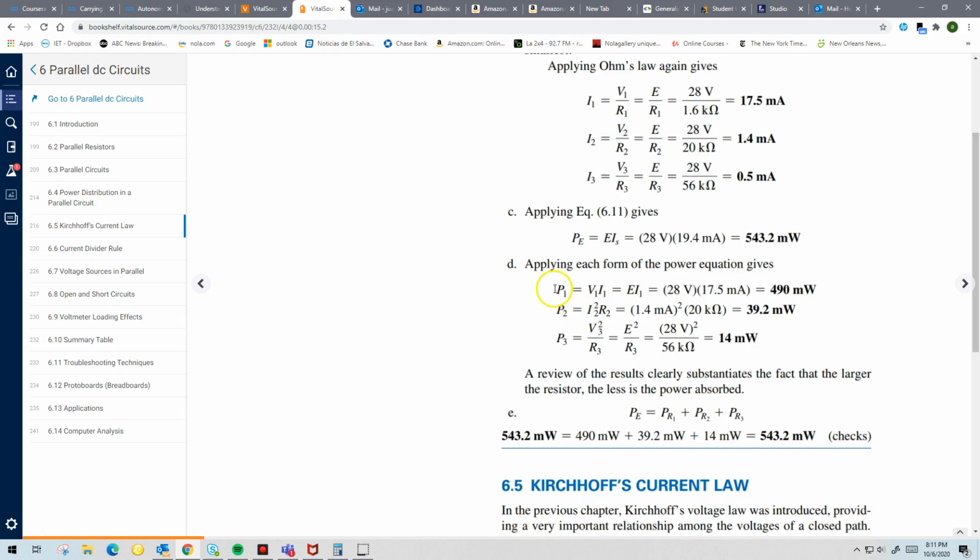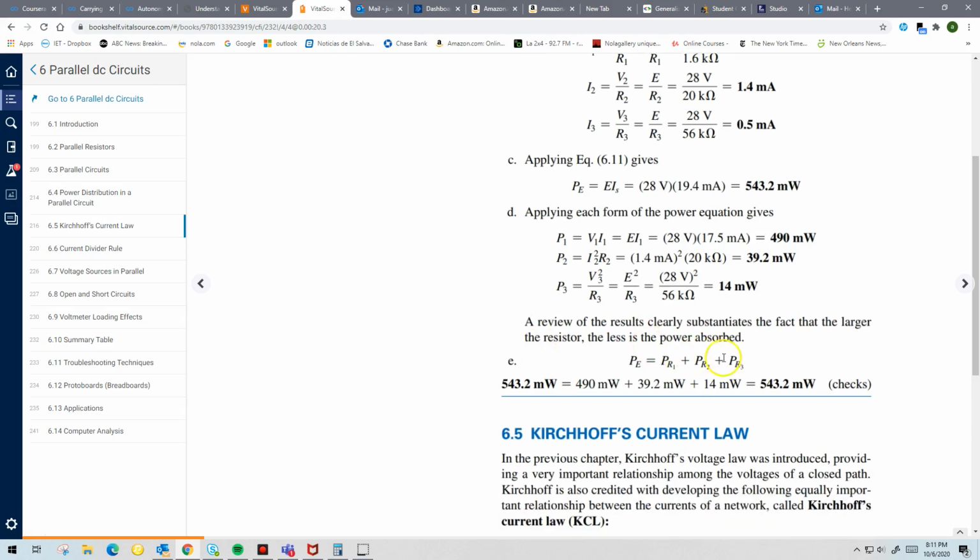This is a nice exercise for you, so that you know you can use any of the equations. As long as you know one or the other, voltage or current, you can find the individual power being absorbed. And if you add them all together, you get the source power, the power being delivered by the source. So it checks. Conservation of power.